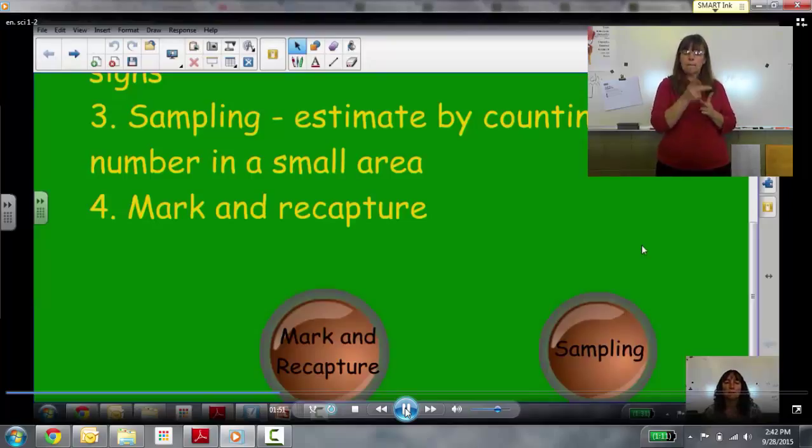Then there's something called mark and recapture, and this is pretty commonly used. This is where you catch the animals and put a tag on them of some kind, and then let them go again, and then in the next year you go back and catch them again. The ones that you catch that have tags on, and the ones that were caught without tags, there's a formula they can use to find out what the number of the population is.